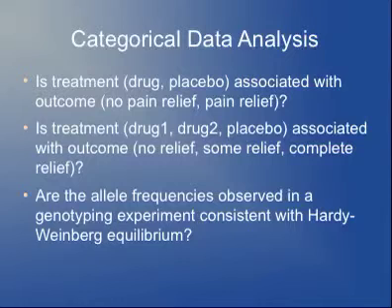And you also may want to do some hypothesis tests about categorical data when there isn't an obvious outcome variable or something like that. If you ever do genetics experiments, for instance, you may want to say, well, are the allele frequencies that we observe in this data set consistent with Hardy-Weinberg equilibrium? In a lot of genetic studies, the theory is that if your data is out of Hardy-Weinberg equilibrium, then that indicates there's probably some type of problem with your data.